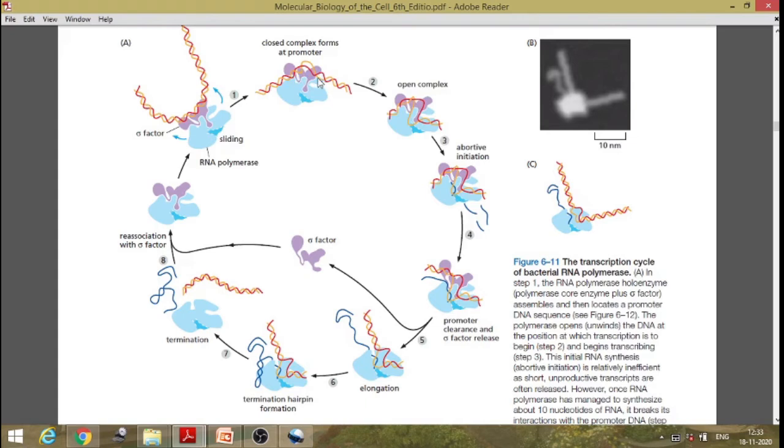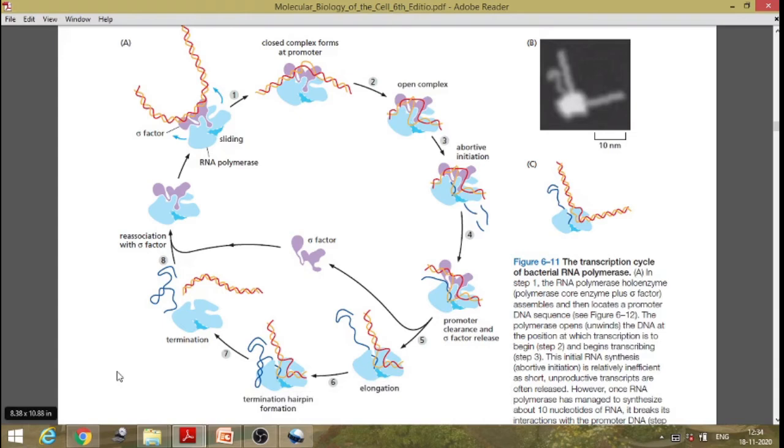Then the RNA polymerase opens up the DNA strands within it, forming the open complex, which is also called the transcription bubble. Then after a few abortive initiations, the sigma factor is released from the RNA polymerase holoenzyme, and RNA polymerase leaves the promoter site and starts moving along the DNA strand, and then elongation takes place.